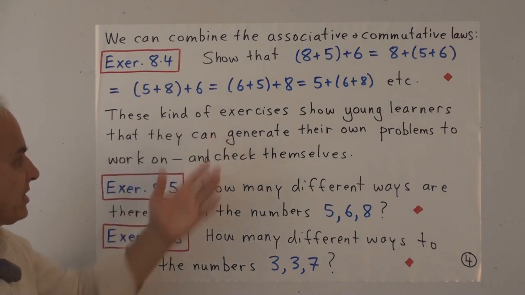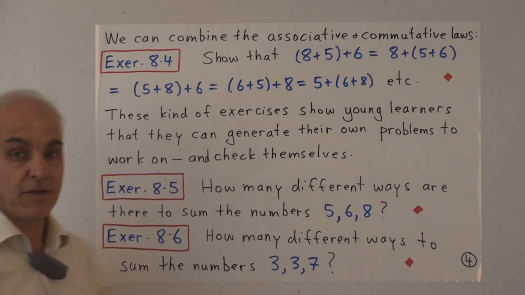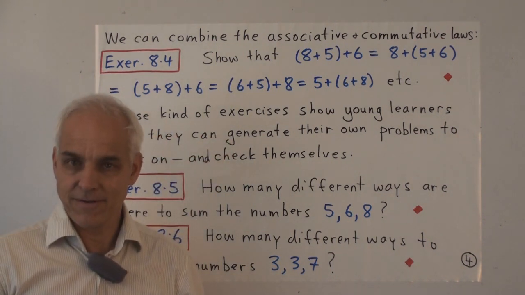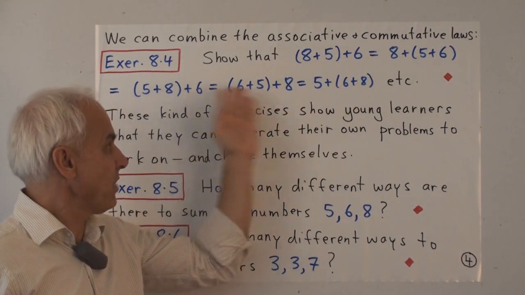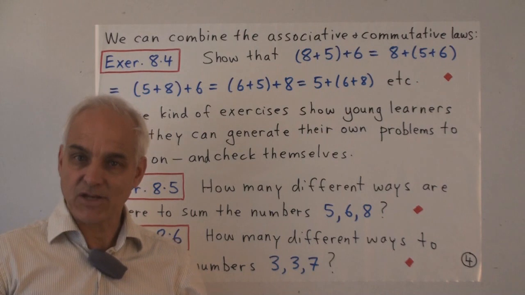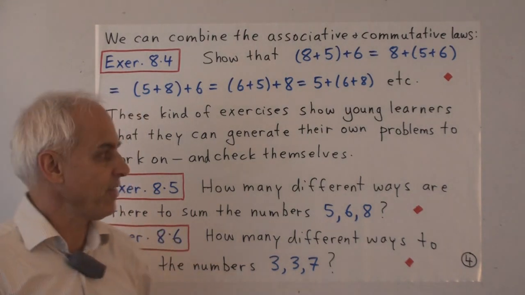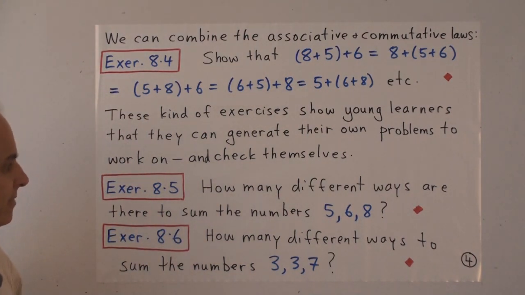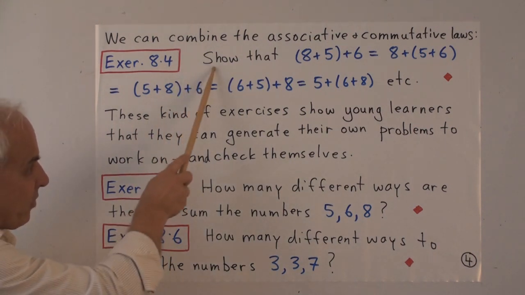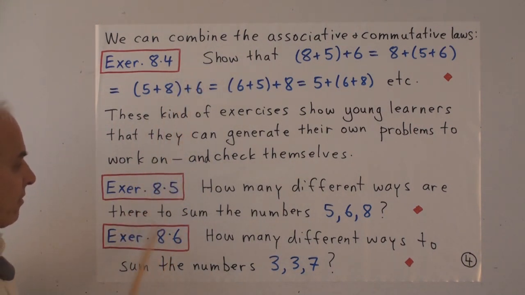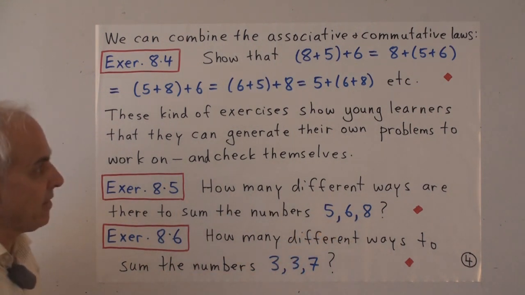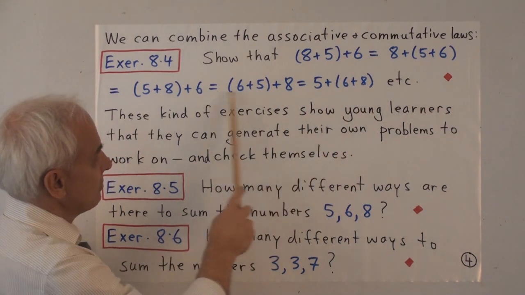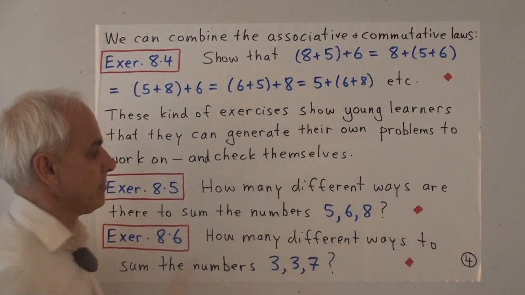So these kind of exercises show that young learners can generate their own problems to work on. And by checking that the numbers that you get in all cases are the same, they can in fact check that they've understood things correctly. So here's an exercise related to this. How many different ways are there, in fact, of combining these three numbers, say 5, 6, and 8, in all possible ways, these being some of them.